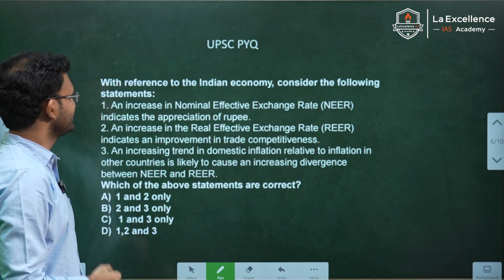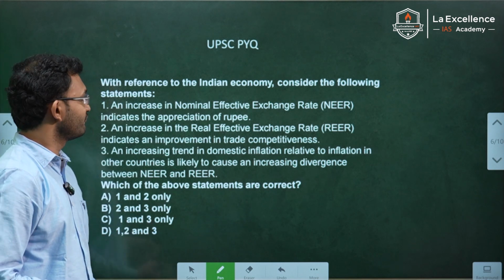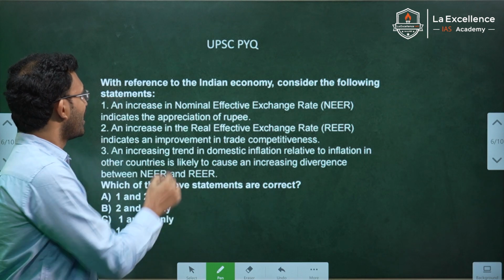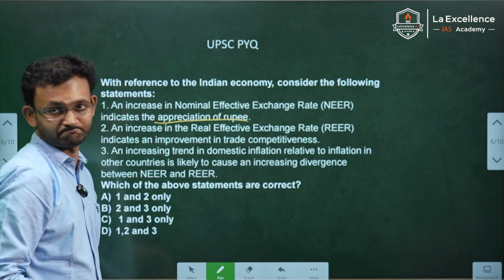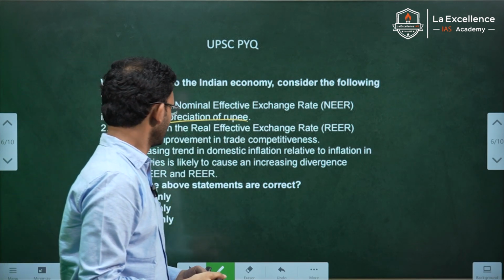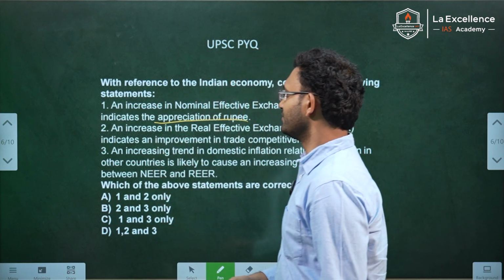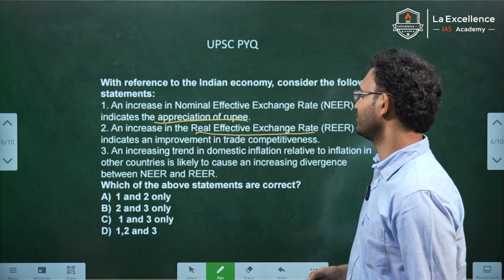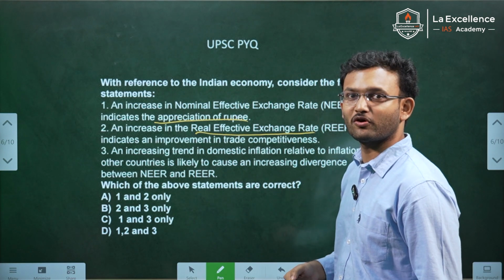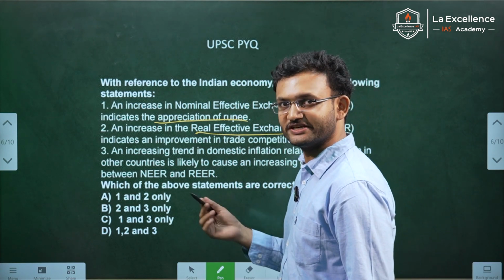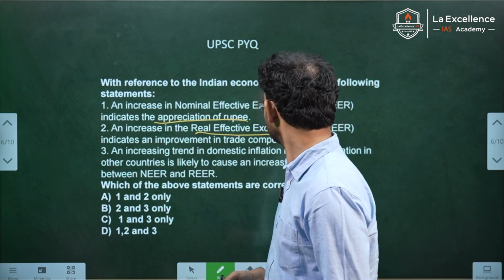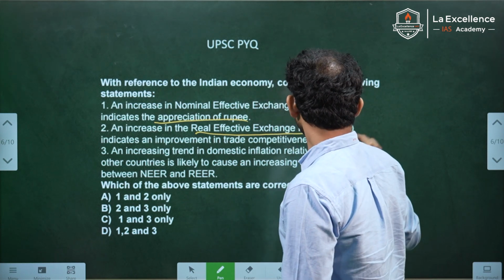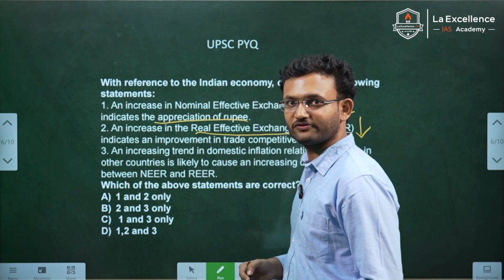The first statement says when there is an increase in the nominal effective exchange rate, it indicates appreciation of the rupee, which is true. When we come to the second statement, an increase in the real effective exchange rate indicates an improvement in trade competitiveness, which is fallacious and contrary to what we discussed. An increase in REER signifies a reduction in trade competitiveness.